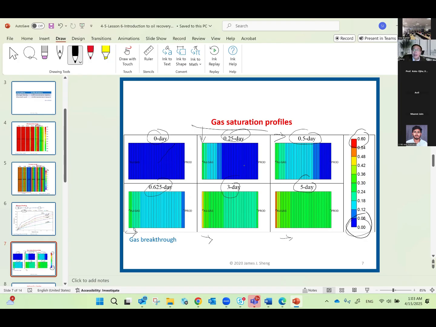Okay, but then you can see even in this experiment, at 5 days the gas is only starting to move to the production end. So even for a core of 1.5 inches diameter and 2 inches length, you think about it, such a small core takes so long for the gas to reach the production end.